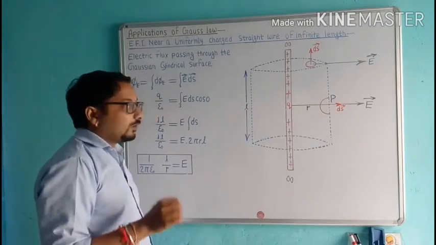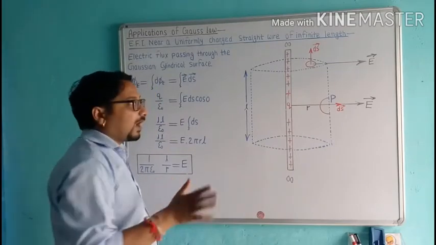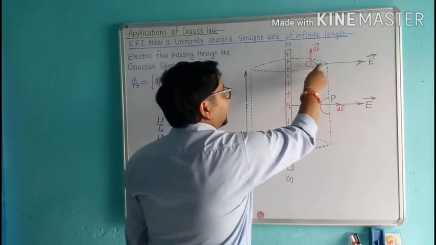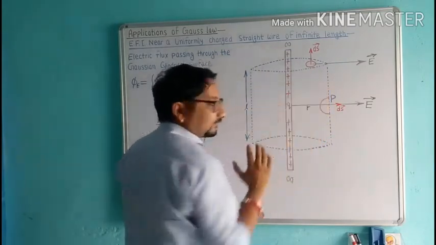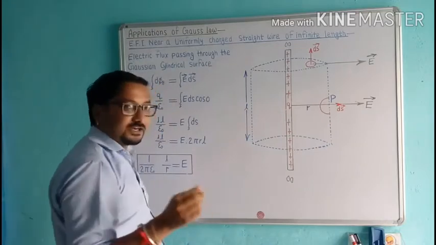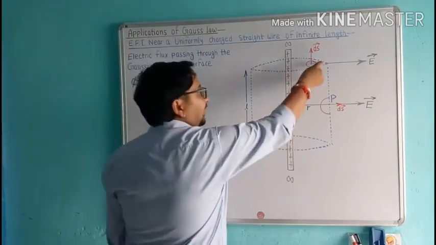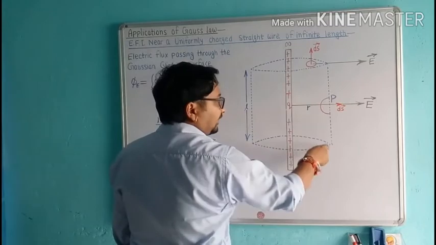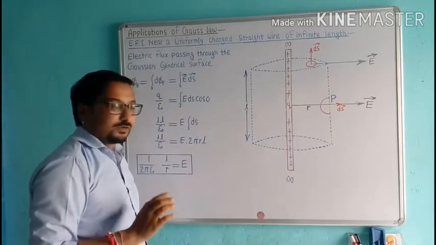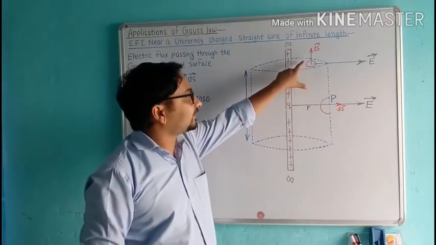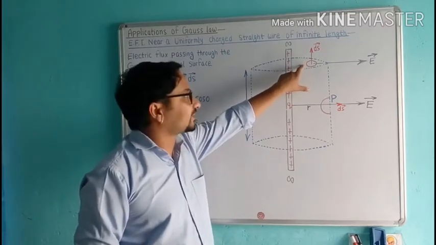Now, electric flux can pass through its ends and its curved surface area. Let's first talk about its cross-sectional area.